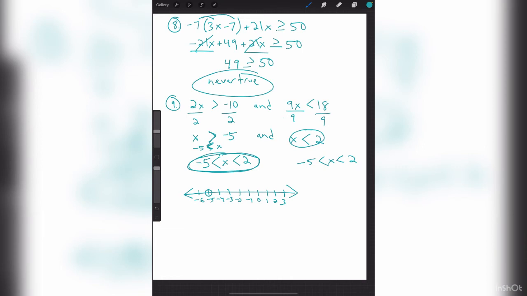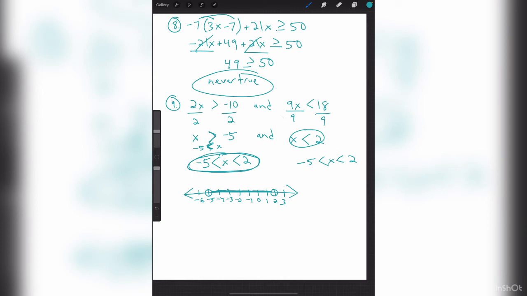Since that is less than as well, I'm going to include an open circle. Now all the values that are greater than -5, and it keeps going up, all these values would work until it would stop right at the 2. So all of these values would make the 2 inequalities at the top true.